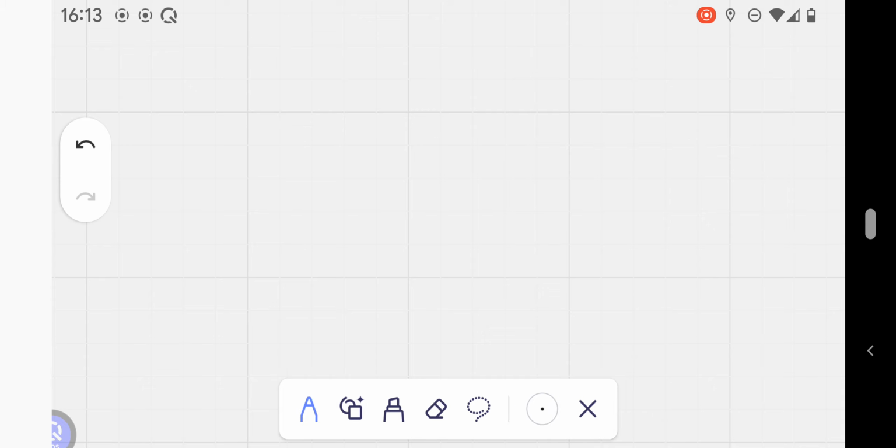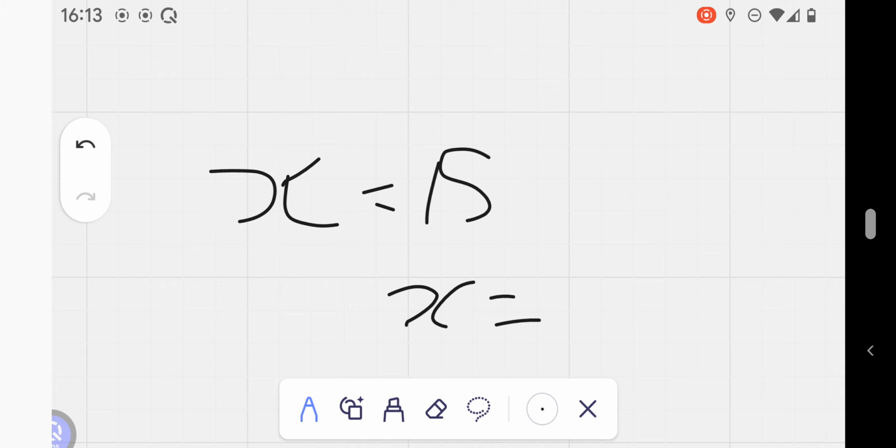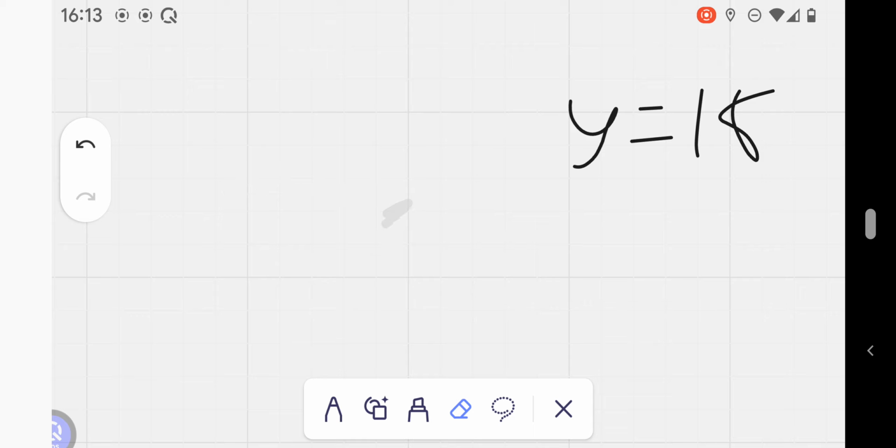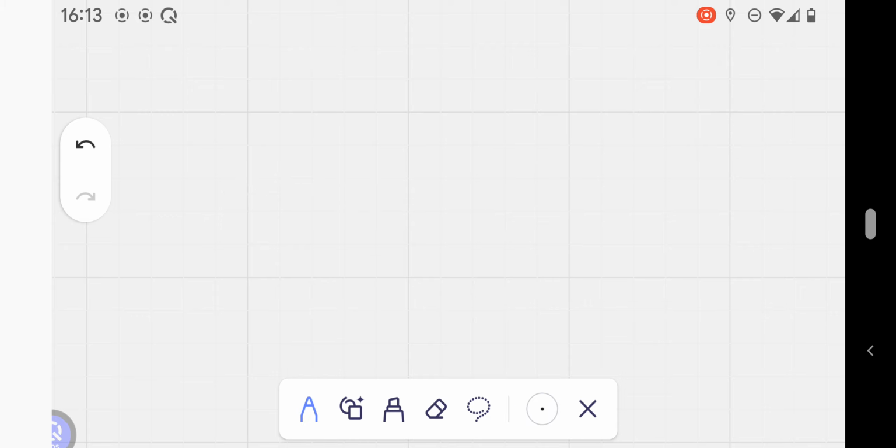Those are the two things you need to know. You need to find out the value of a variable, and the value of a variable is always a constant. So x can equal 9, y can equal 18. It doesn't matter, but a variable is always equal to a constant in an equation.